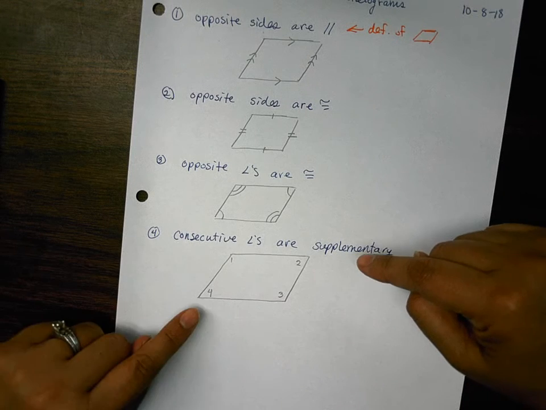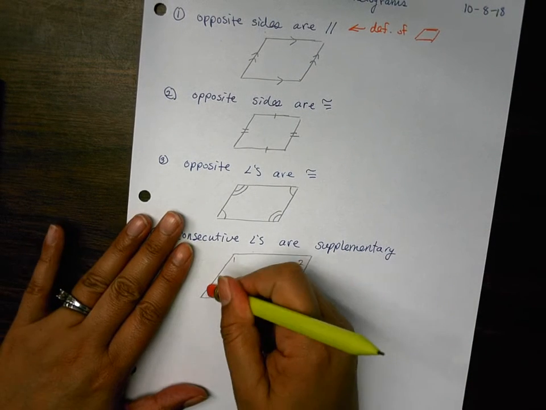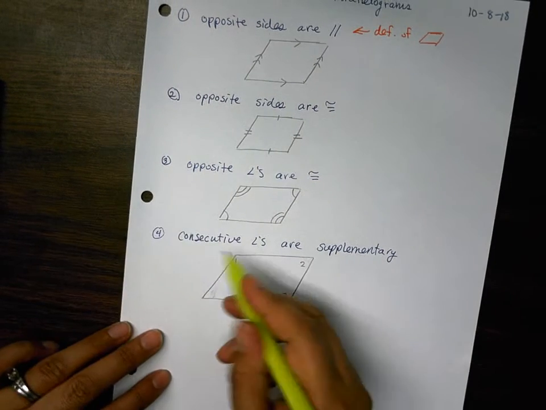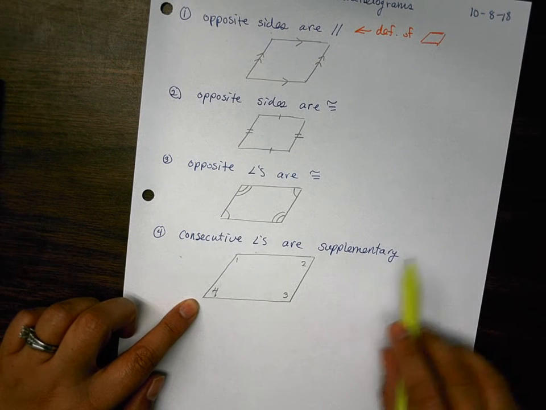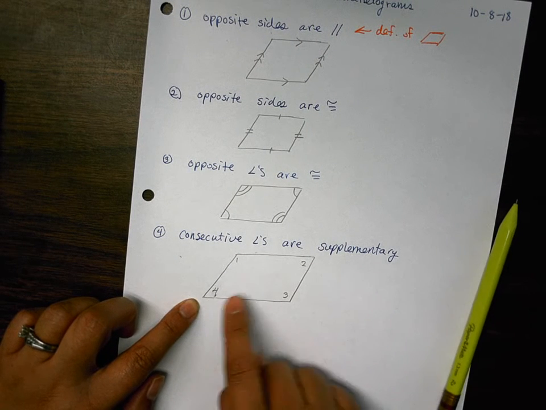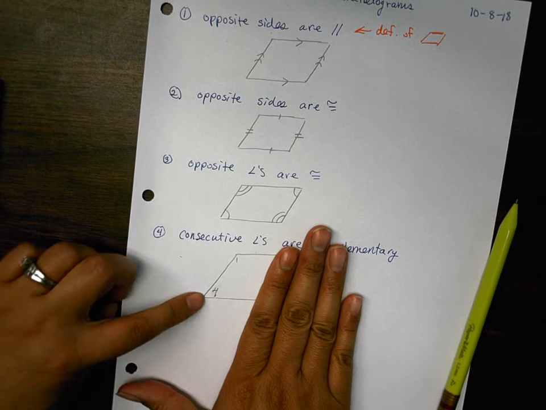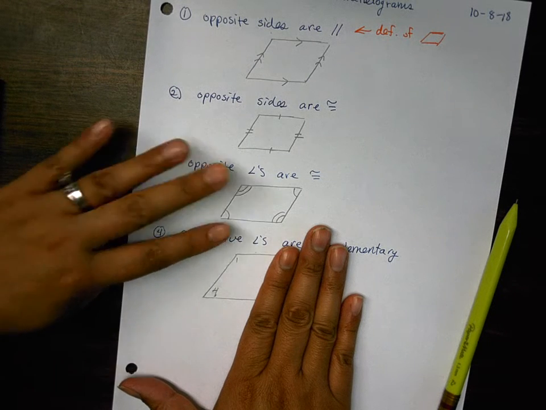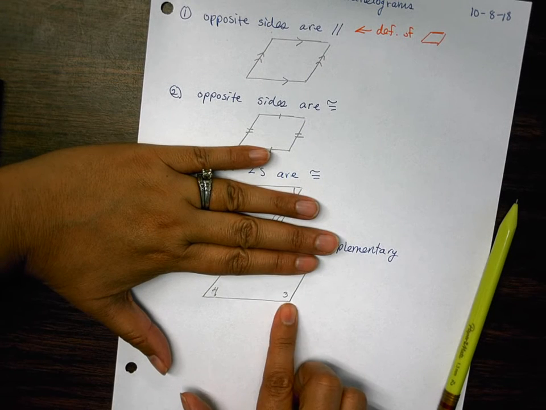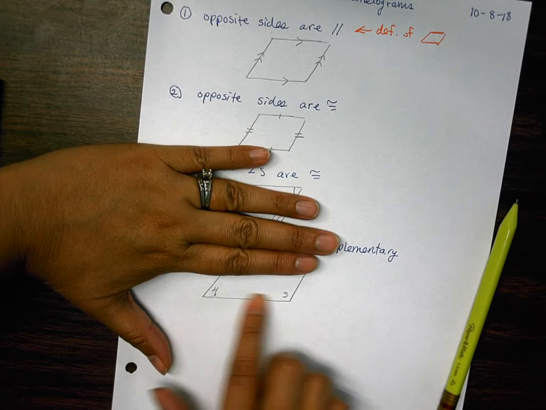Yes or no? Okay, now we're talking about consecutive, next to each other in order. So 4 has 2 consecutive angles. 2 is not one of them. 2 is not angle 4's consecutive. 2 is angle 4's opposite. What is one of angle 4's consecutive? 1.